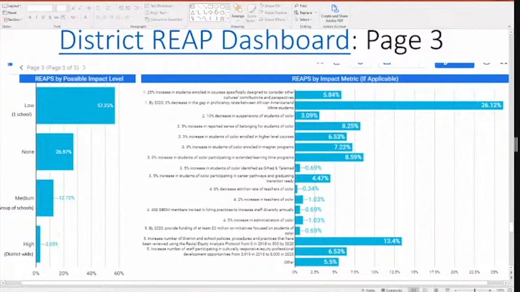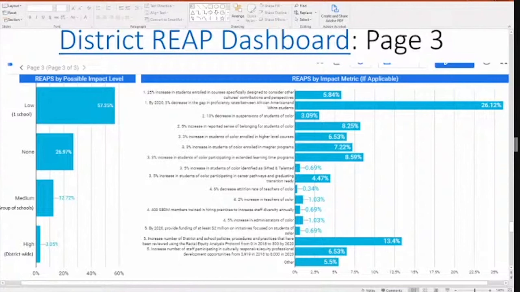Number two is the logical connection between that REAP and the metrics that we've outlined in the policy in the racial equity plan. So we can conduct REAPs that may not have a direct impact on some of the metrics. So we looked at both those things, how many schools it covered, and then the logical connection.